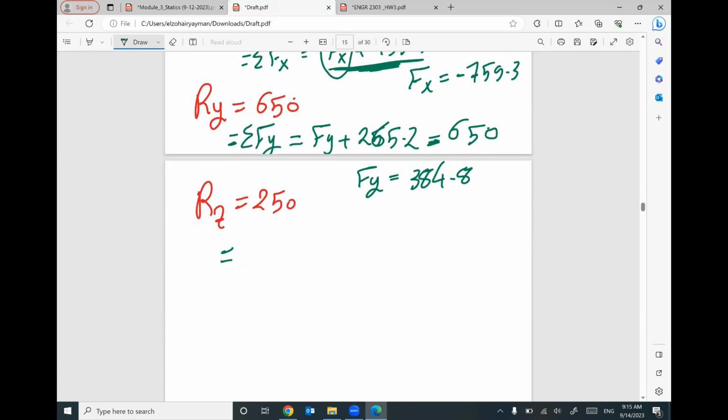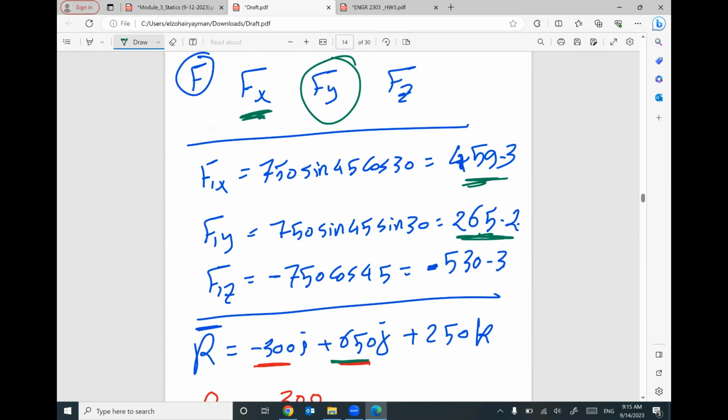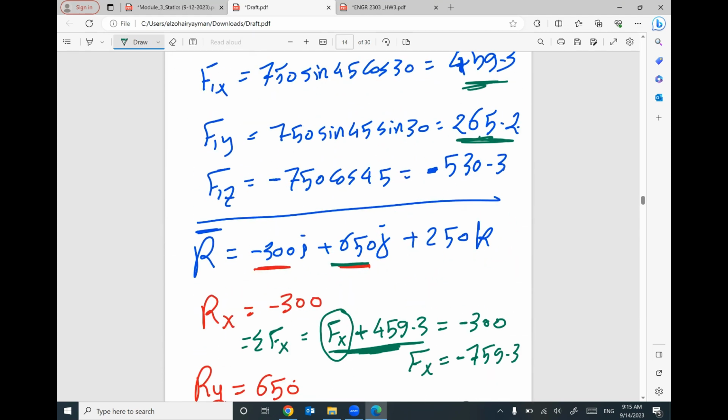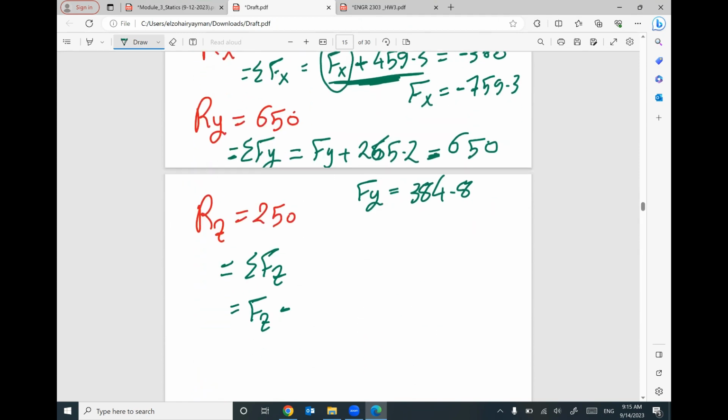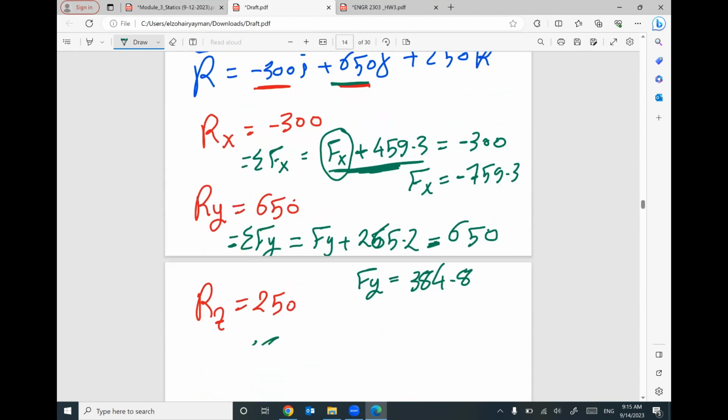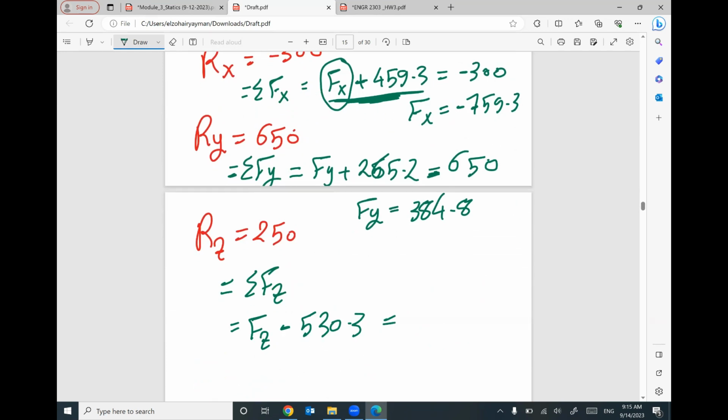Originally, the z component of your resultant is the summation of the z components. So we have this z component, which is unknown, and we have this z component, which is known. So Fz plus negative 530.3, the summation of these equals 250, which is given.